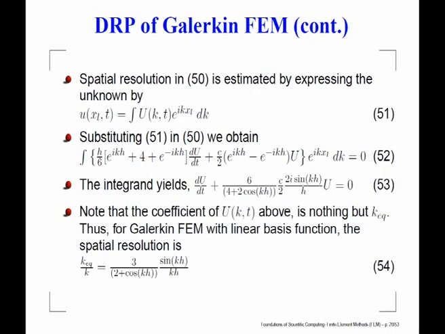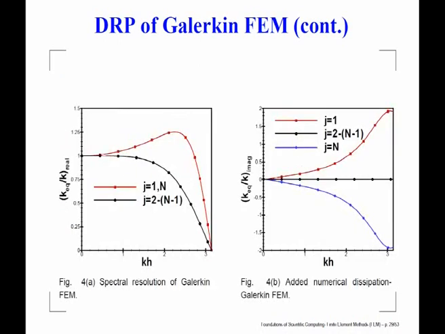As a consequence, you will find that in the interior nodes, what we have just now shown, we get k equivalent by k, the real part goes like this. Let me point out that this is far more accurate than your CD2 representation.